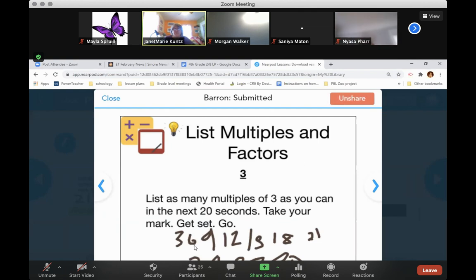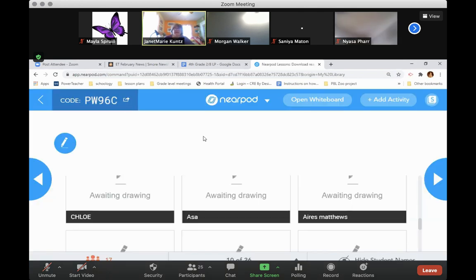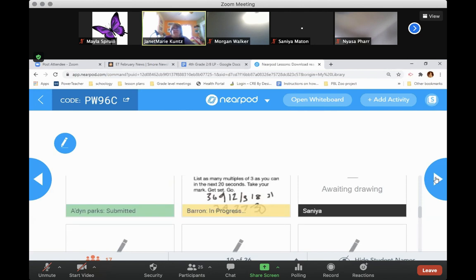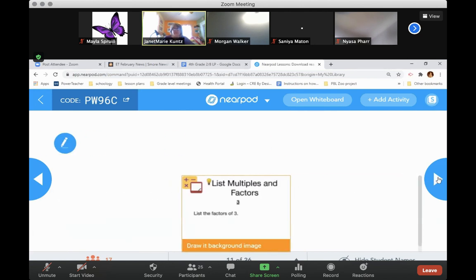We have got 3, 6, 9, 12, 15, 18, 21, 24, 27, 30. Not too shabby. Had a lot of people who didn't bother even to participate as usual. The factors of 3.